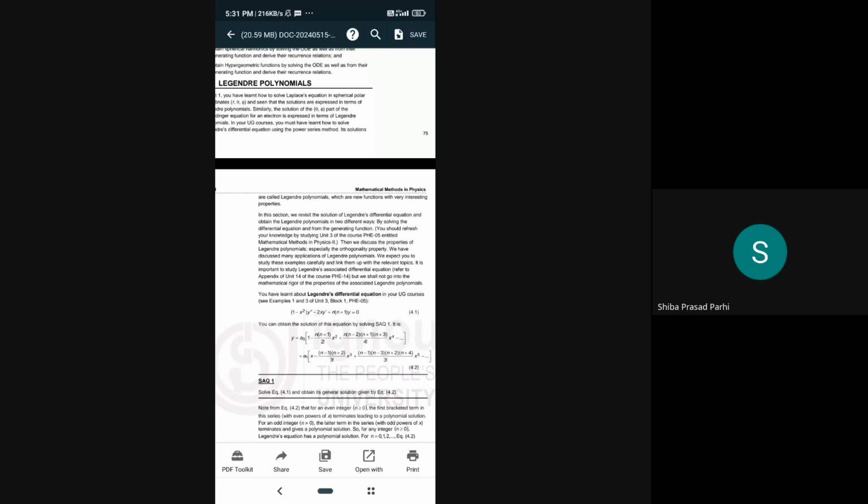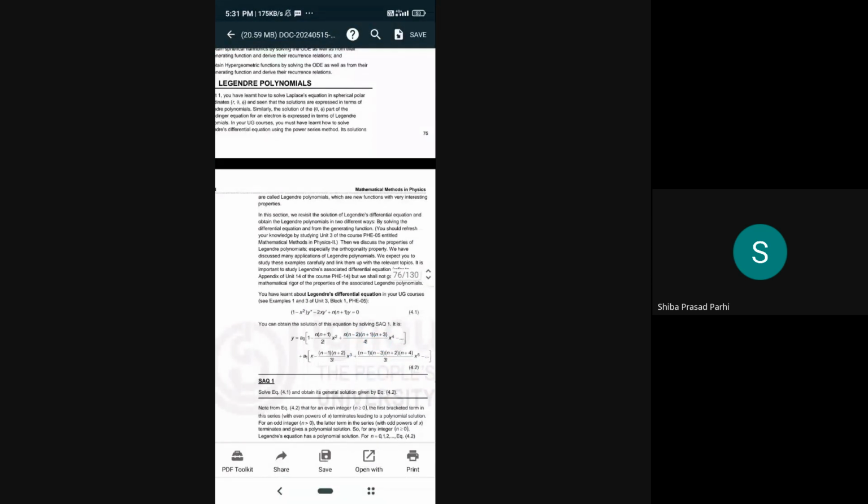Here it is written as (1 minus x square) y double dash minus 2x y dash plus n into (n plus 1) y is equal to 0, equation 4.1, page 76. So the first term is same, (1 minus x square) y double dash. The second term is same, minus 2x y dash. But in the third term, I have taken the constant as L into (L plus 1) y.